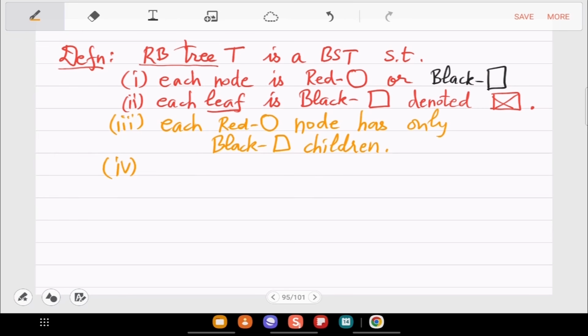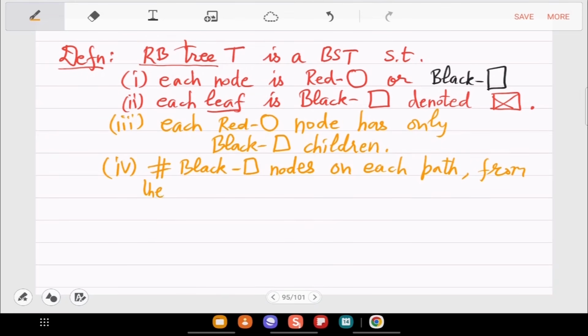And the final condition is that the number of black nodes on any path from the root to any leaf should be the same.